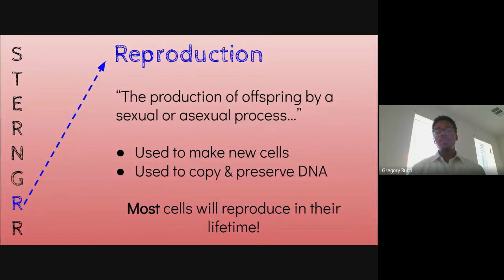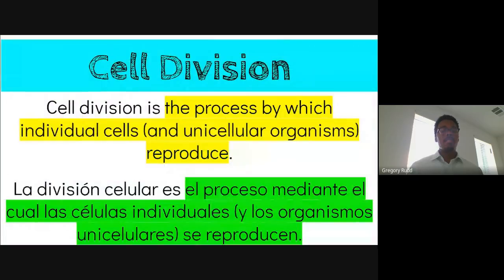So reproduction is used to make new cells, but it's also important that we note that reproduction is used to copy and preserve DNA. Okay, so there's nothing on this slide that I really need you to write down because we're going to break this down into far greater detail today. But just keep in mind that most cells will reproduce in their lifetime. Not all cells, but most cells will reproduce in their lifetime.